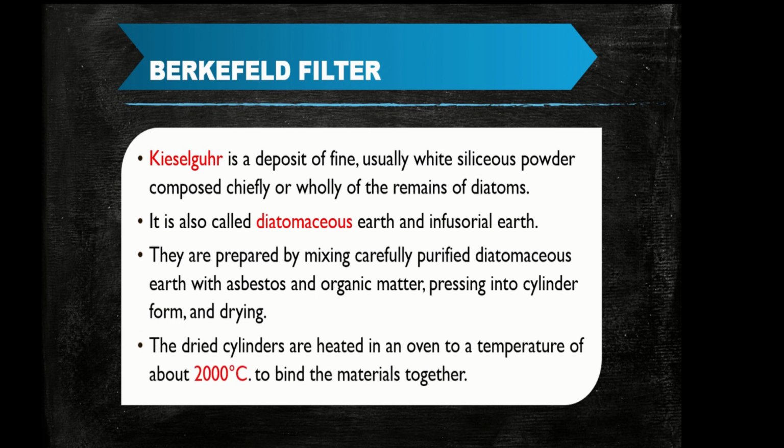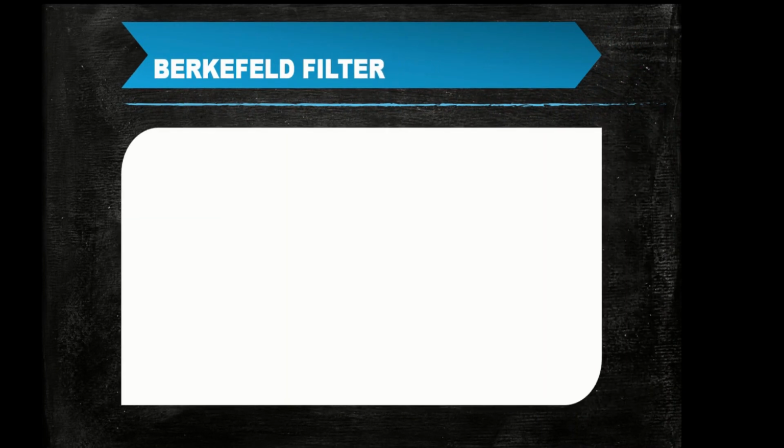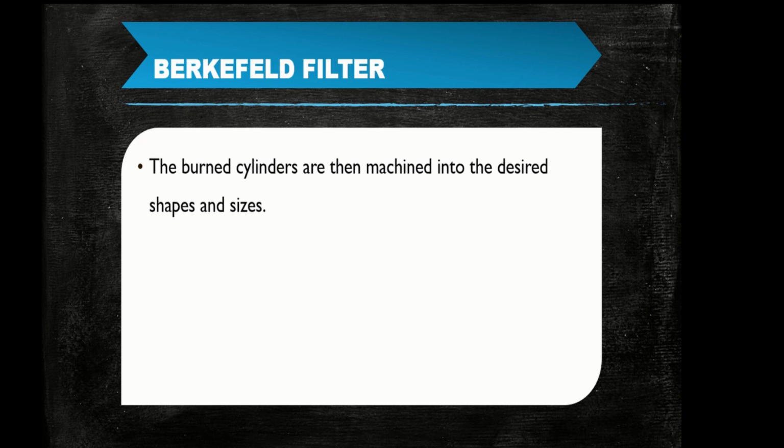These dried cylinders are heated in an oven to a temperature of about 2000 degrees centigrade to bind the material together. The burned cylinders are then machined into the desired shape and size.